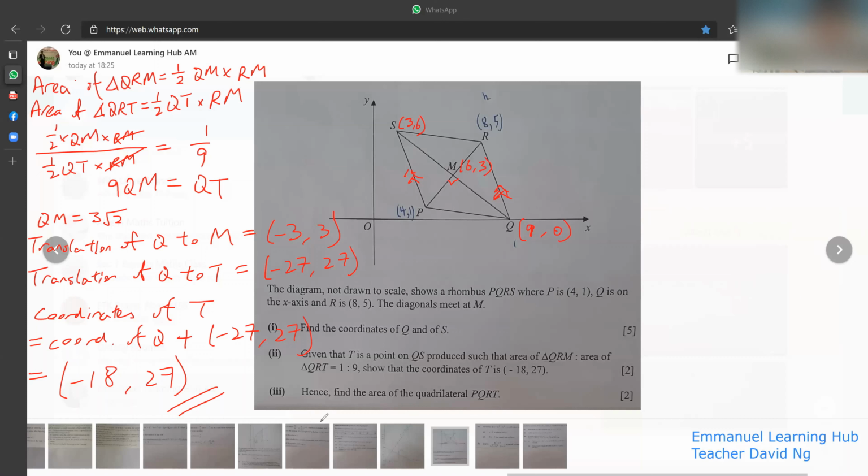Okay, part 3. Since you have all the coordinates, just apply the formula. Is it the shoelace method? Yes, just use the shoelace method, and you'll get 108.